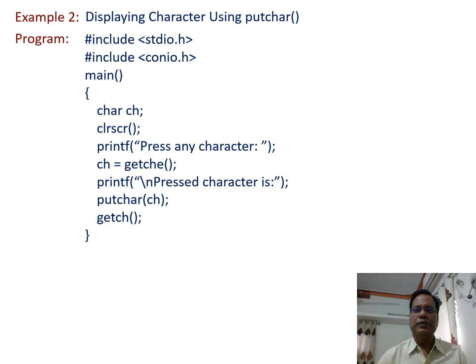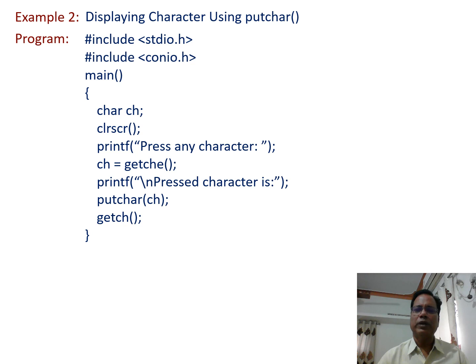In this program, we declare ch as a character type variable, and the clrscr statement clears anything written previously on the output screen. Printf prints "Press any character:". This message is displayed on the output screen, because when getche is executed, it waits for character data.